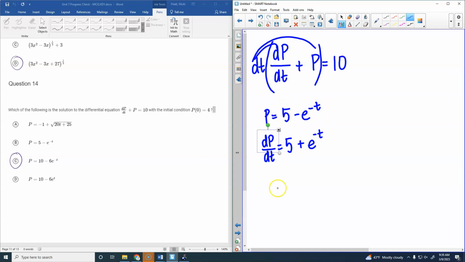If you plug it in, dP/dt would be 5 plus e to the negative t, plus P itself, which is 5 minus e to the negative t. And this is supposed to equal 10. These cancel. See, that one works.